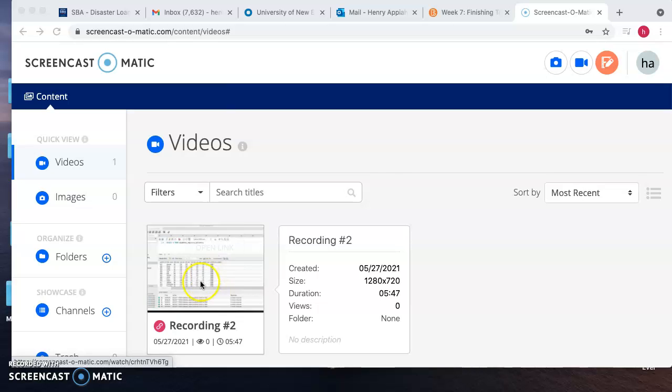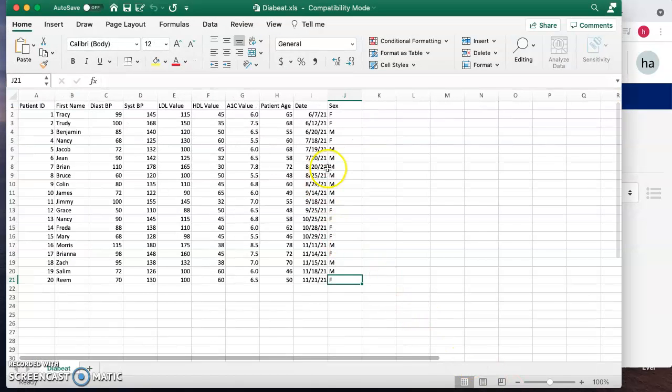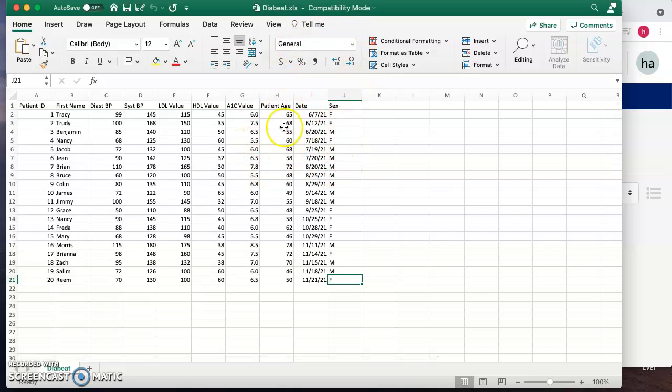and before I began, I made a whole lot of things using Excel. This is why I started off with my data: numbers, names, and patient ID and everything.